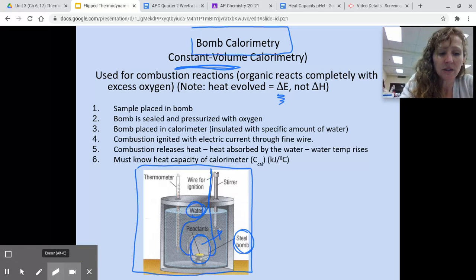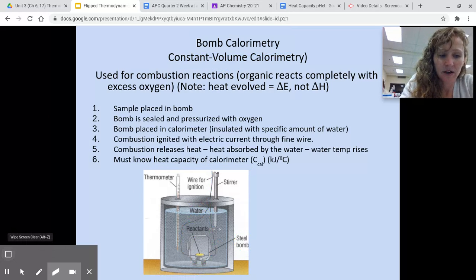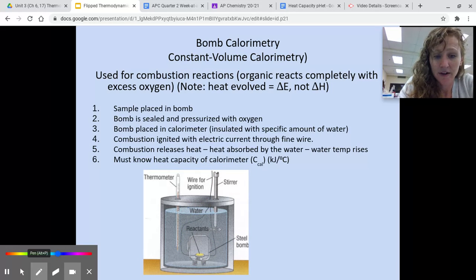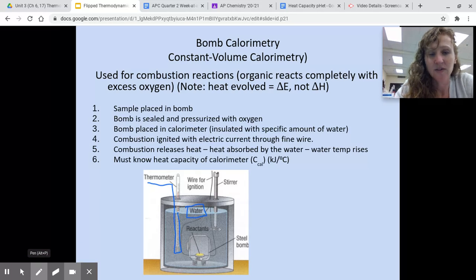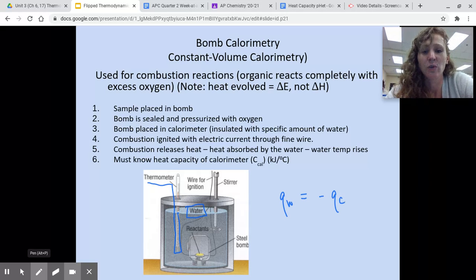So the whole little steel bomb there is surrounded by water. And then notice that they're taking the temperature of the water itself. So they're going to track how much heat the water absorbs, and whatever heat the water absorbs is going to be equal in magnitude, opposite in sign as whatever the combustion reaction gives off.